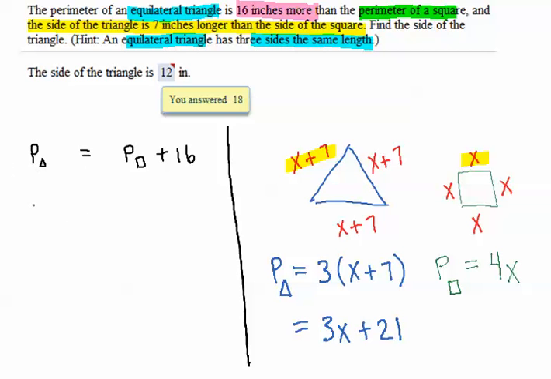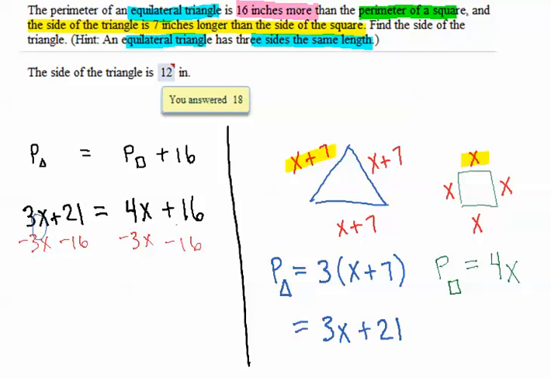The perimeter of this is 3x plus 21. That's supposed to be equal to 16 more than the perimeter of the square, and the perimeter of the square is 4x. So then I'll subtract 3x from both sides. You don't necessarily need to show that. You can just do it in your mind. But I'll subtract 16 also from both sides to isolate. And I get my answer is going to be, what, 5?